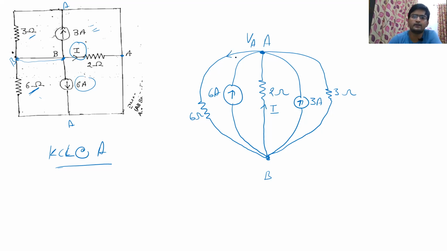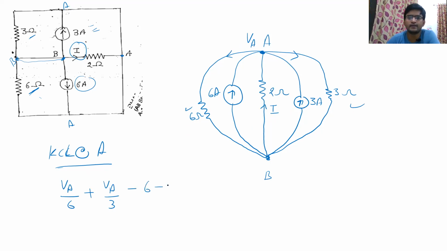Let us assume that there is a current going in this direction, and a current going in this direction, and all other currents are coming inside towards A. So we can directly write our KCL as VA divided by 6 for this particular branch, plus for this 3 ohm branch, VA divided by 3. And since all other currents are coming inside, we will write minus 6 minus I minus 3 is equal to 0.